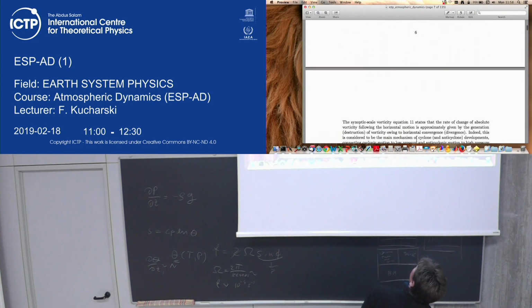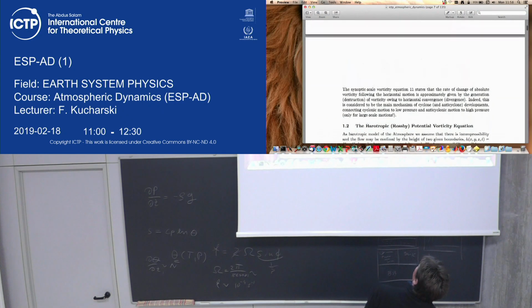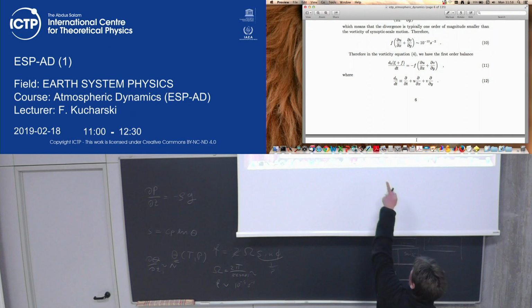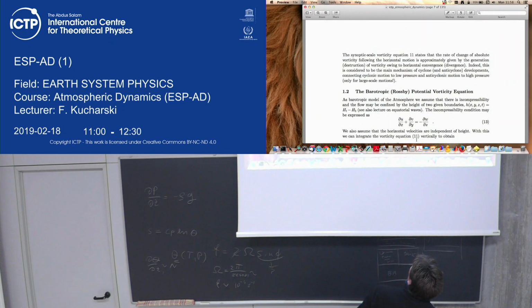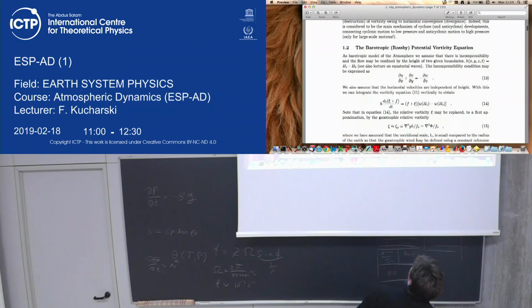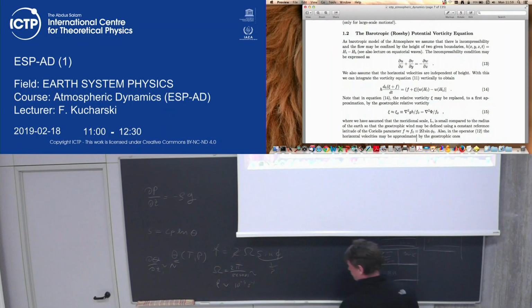That gives us the basic asymmetry, because things change from the northern hemisphere to the southern hemisphere because f also changes sign. Okay, we have discussed this now, so now we want to derive the potential vorticity conservation, which can be derived from this equation that we have just derived.